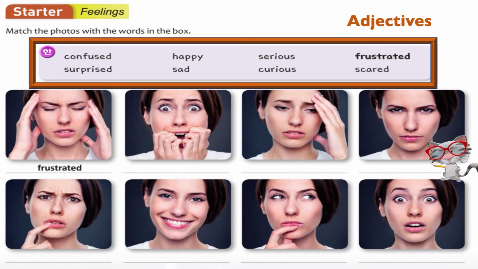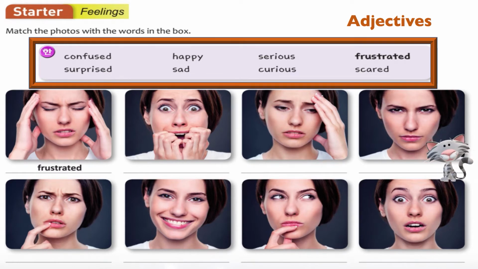Feelings are the emotions you feel when you do something. And you often show these emotions on your face with facial expressions. And we describe these in words by using adjectives. Oh, so adjectives are the words that explain or describe our feelings and emotions?